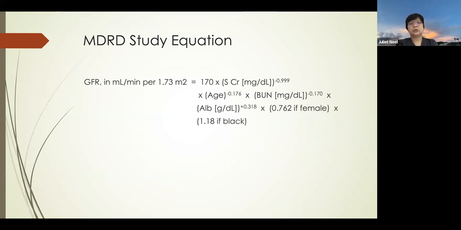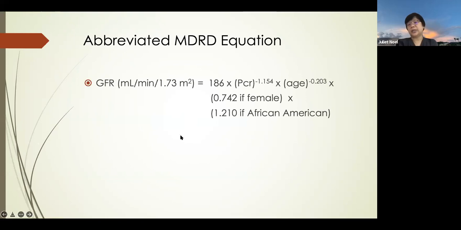So those are the factors being used. The other one, the abbreviated MDRD, will only use the plasma creatinine or serum creatinine, the age of the patient, the gender, and if the patient is African American.